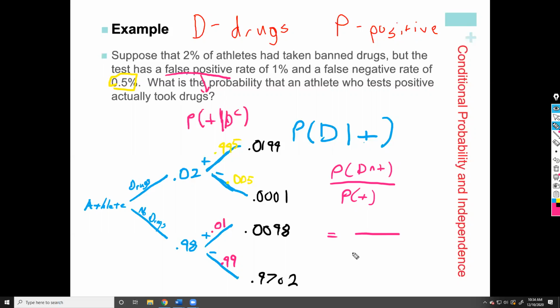That's what we're going to end up doing. So the people who tested positive, well, that's going to be this group and this group. Those are my people who tested positive. People who tested positive and took the performance-enhancing drugs, and the people who tested positive and did not.